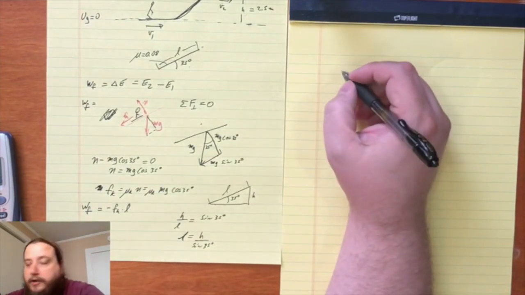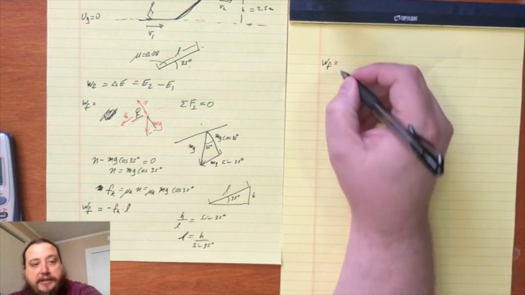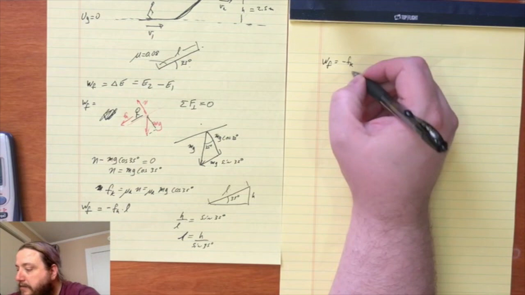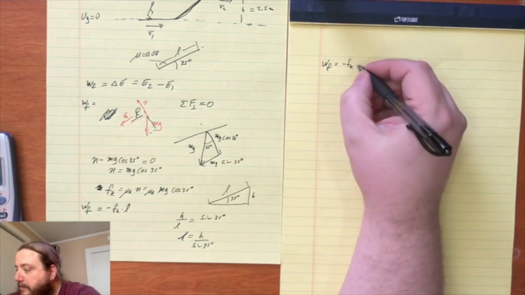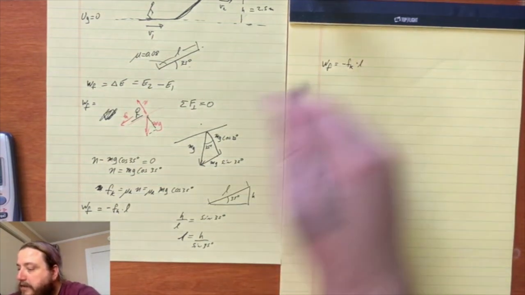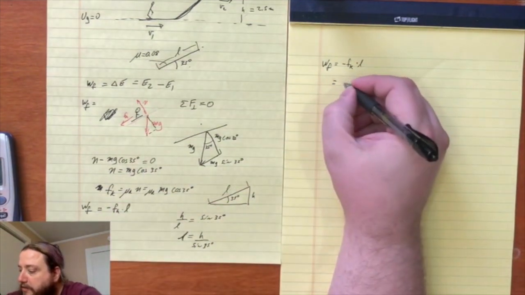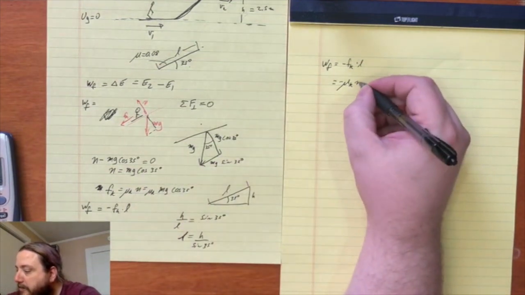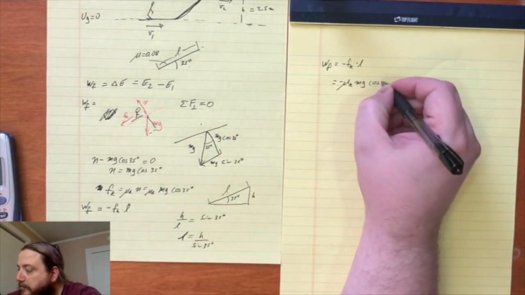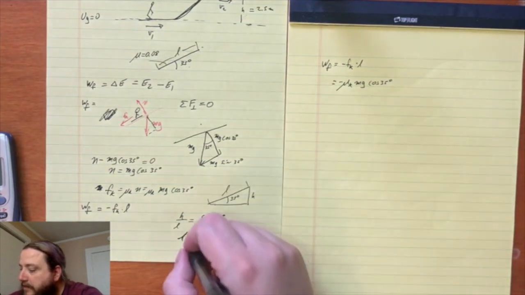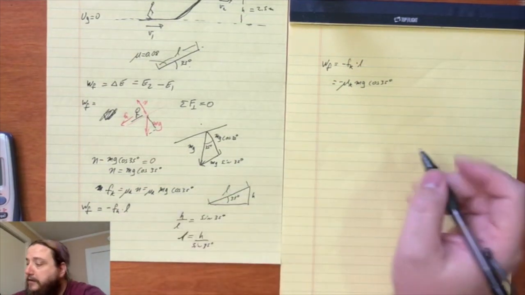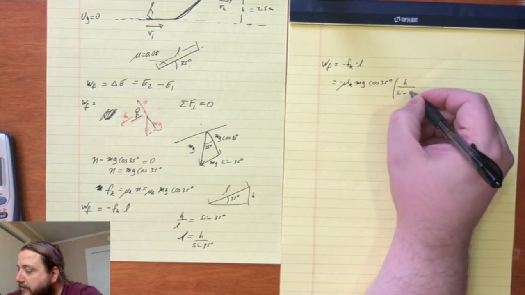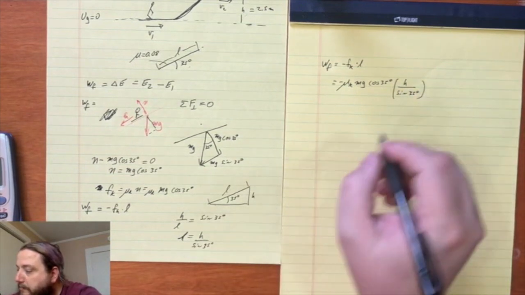So our work done by friction is minus Fk times L, and Fk we said here is mu k times mg cosine of 35 degrees, and our L here is h over the sine of 35 degrees.